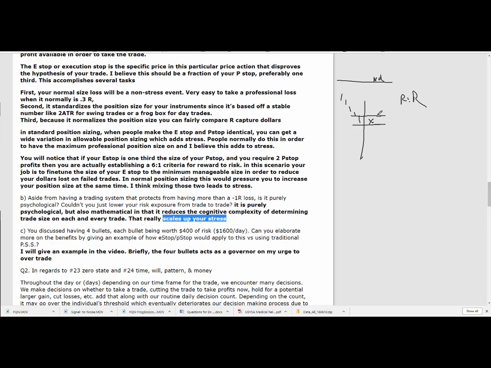But when it comes time to actually taking this position, that may be an ATR right there, and 2 ATR, something like that. That's the one that I recommend using for position sizing risk. And I will tell you, on any given swing trade, a 4 ATR is not unreasonable.